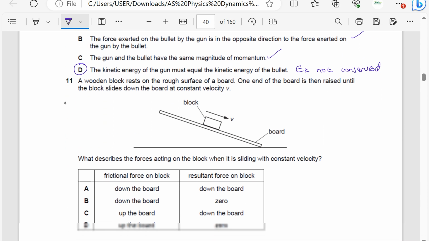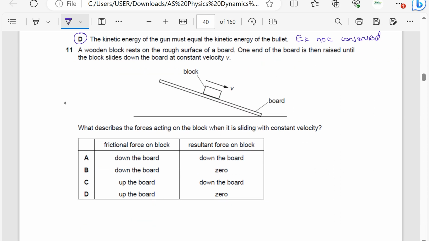A wooden block rests on a rough surface of a board. One end of the board is then raised until the block slides down the board at constant velocity v. What describes the forces acting on the block when it is sliding? I want you to get used to the fact that at constant velocity, acceleration equals 0.